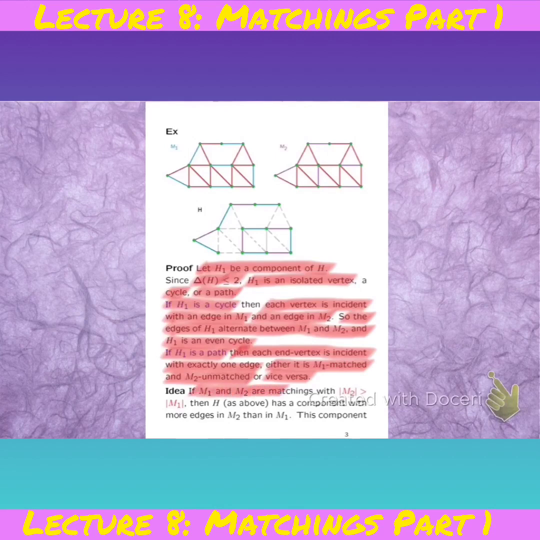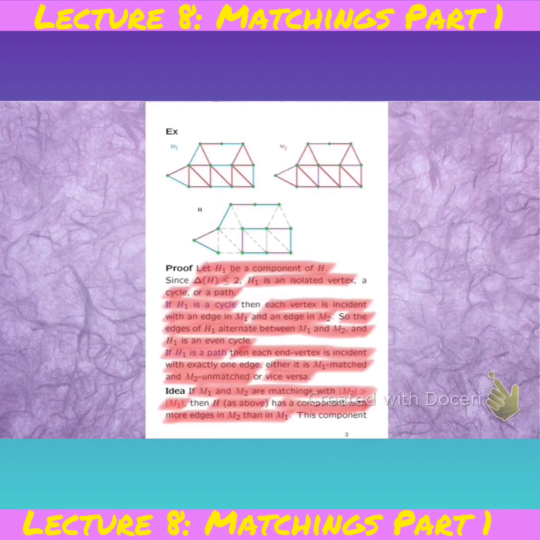Now, this brings us to the following idea. If M1 and M2 are matchings, where the one matching's cardinality is larger than the other one, then H as above has a component with more edges in M2 than in M1. Now remember, the previous theorem states that each component is an isolated vertex or an alternating cycle or an alternating path. So the alternating cycles are always going to have just as many M1 edges as M2 edges. The isolated vertices are not going to have any M1 or M2 edges.